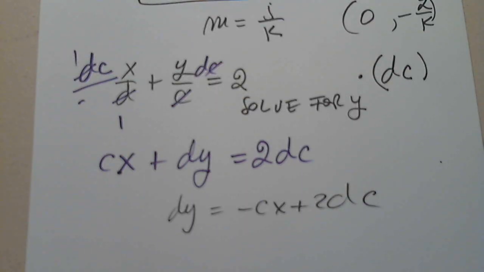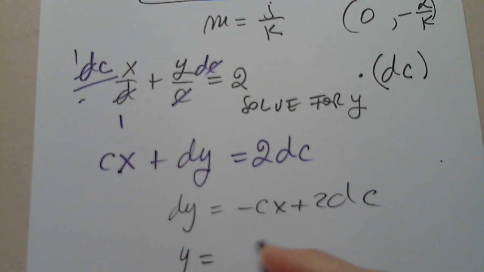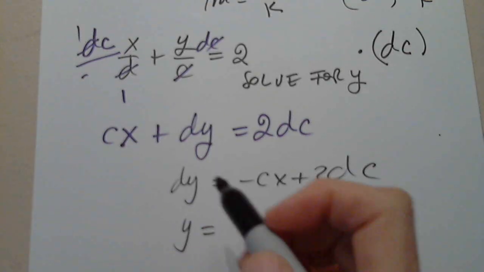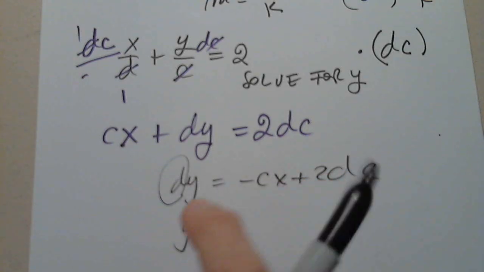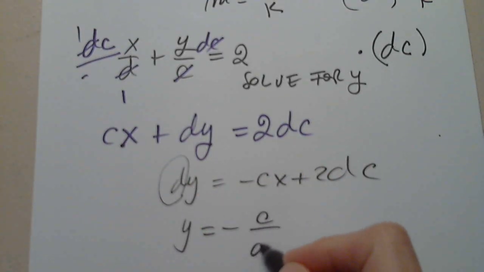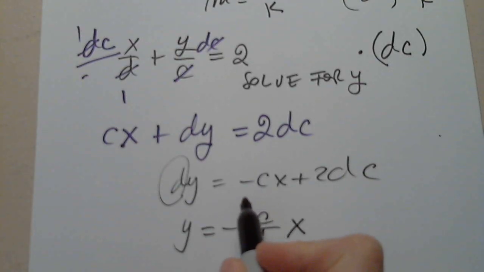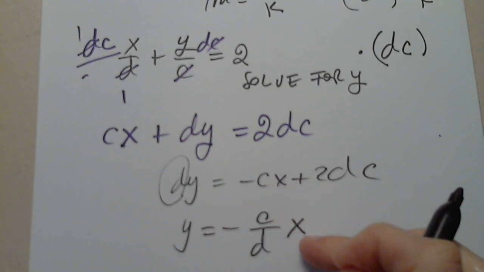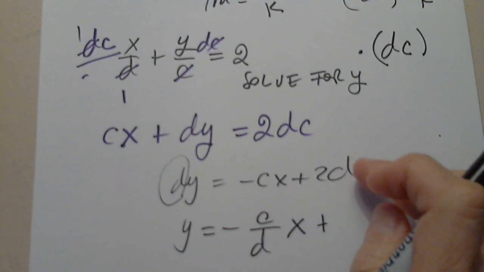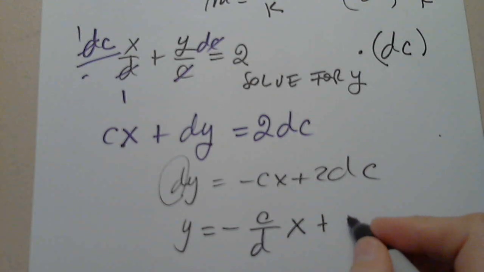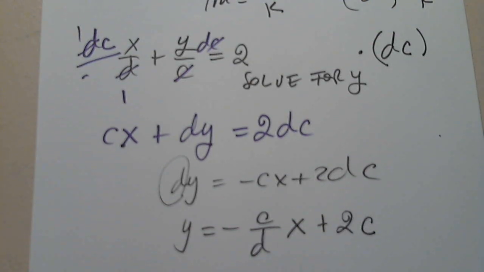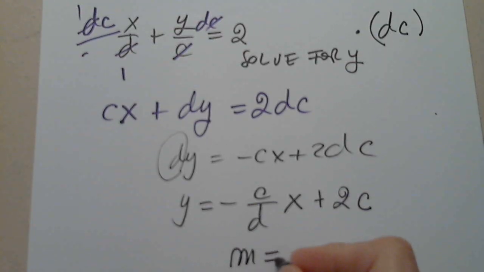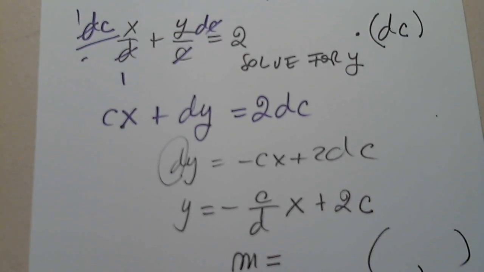So we have to divide both sides by D. So negative c over dx. Remember, don't write the fraction line. Divide the coefficients and leave x alone. Plus, here 2dc divided by d will be simply 2c. Again, as I mentioned, overkill, in my opinion. So then what is the slope and what is the y-intercept?